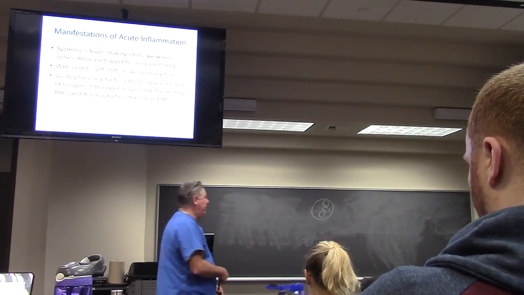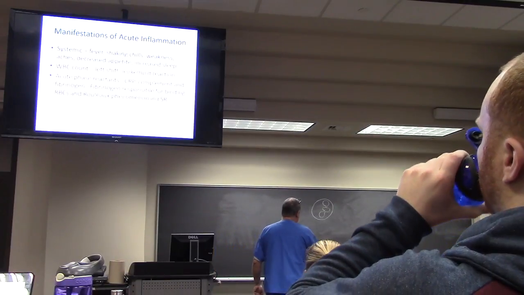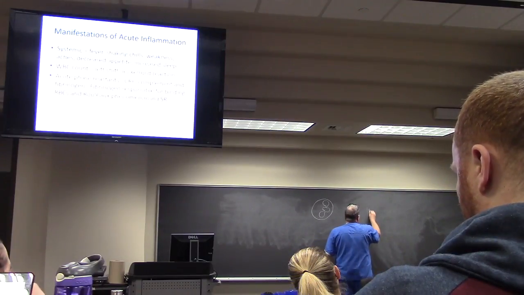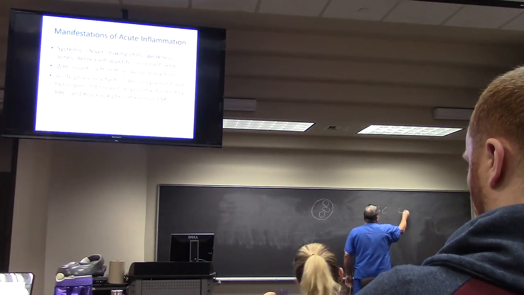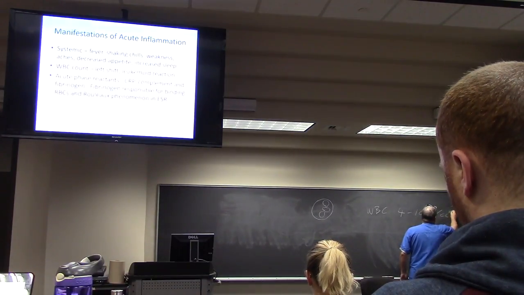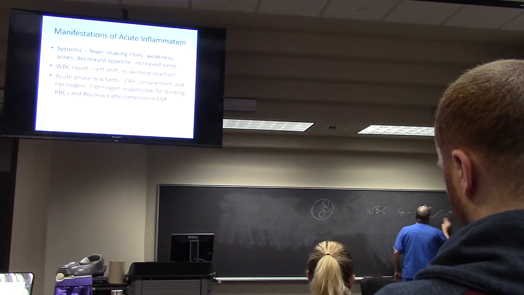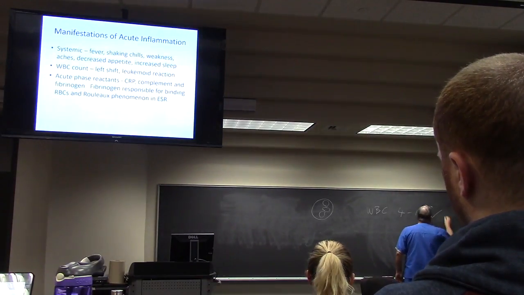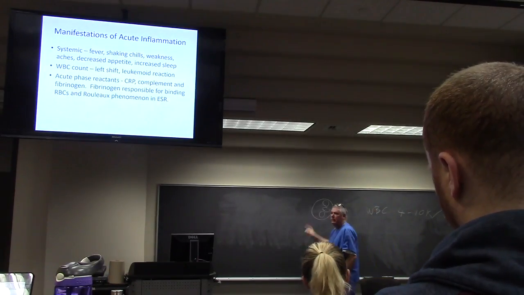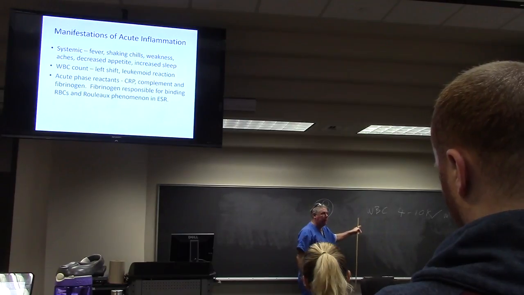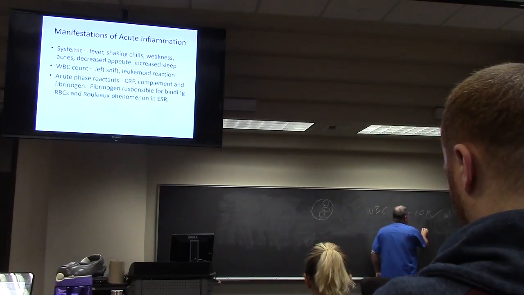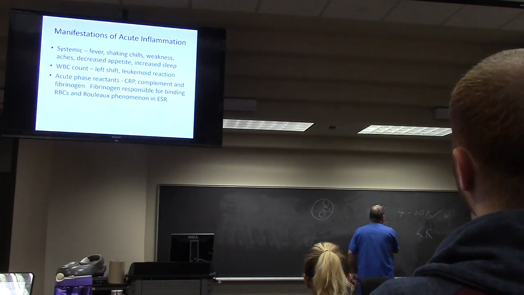So the left shift is, if this is a seg here, you normally have a WBC count of 4 to 10,000 per cubic, not centimeter, per cubic millimeter. If these occupy 60% of the circulating white blood cells, if we just say 10,000, you would expect there to be 6,000 segs.